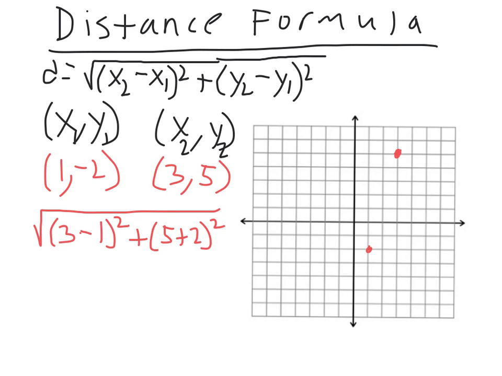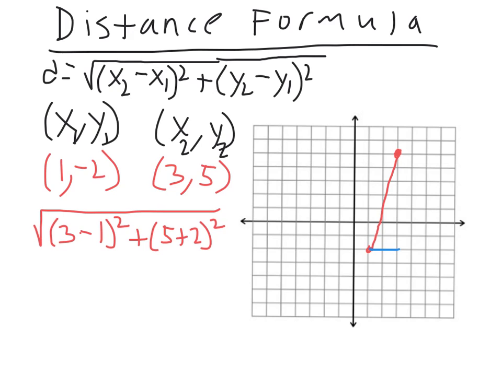So notice what we did right here. So we want to know the distance of this line right here. In order to do that, what we did was 3 minus 1.